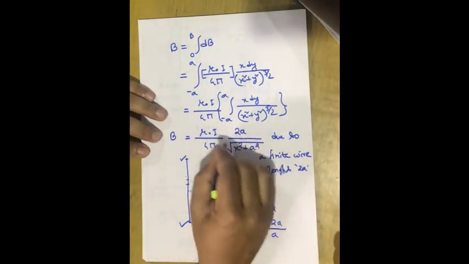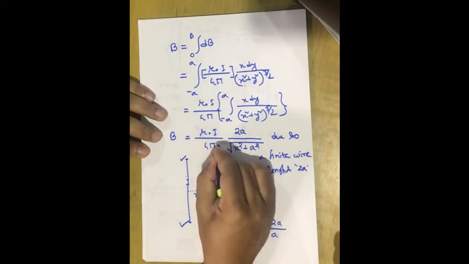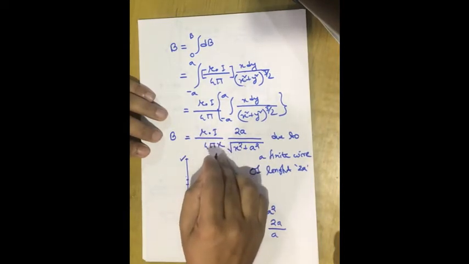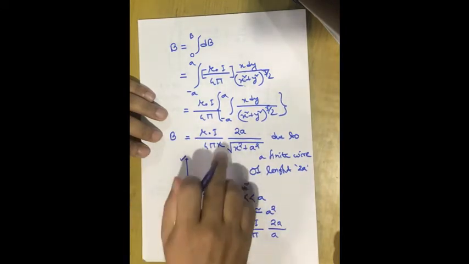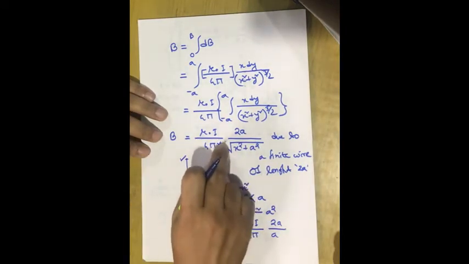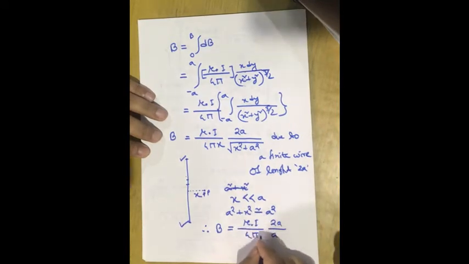Sorry, there was a quantity x here, I forgot. Mu naught into I divided by 4 pi x, twice a root x square plus a square. So I forgot to put this quantity x, it should be there. So 4 pi x twice a over a. So a cancels out, 2 and 4 pi cancel out. So mu naught I divided by twice pi into x. So this is the value of the magnetic field as a function of x.